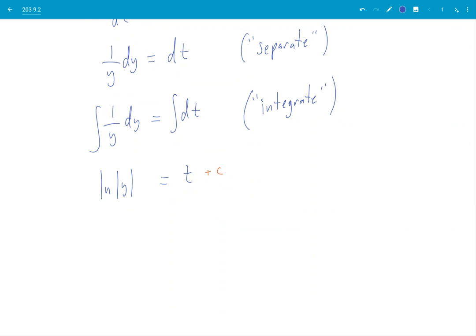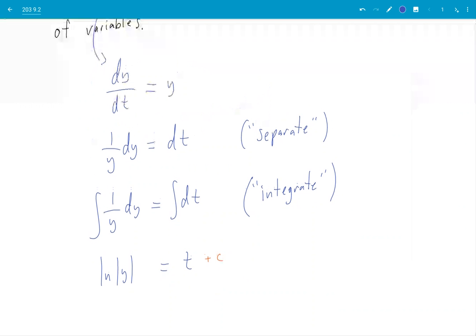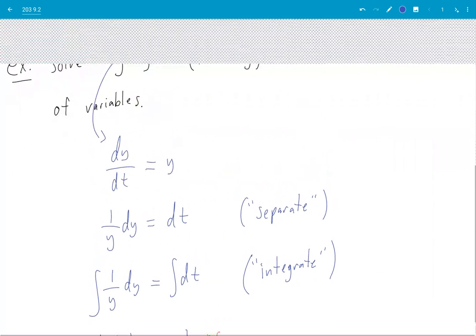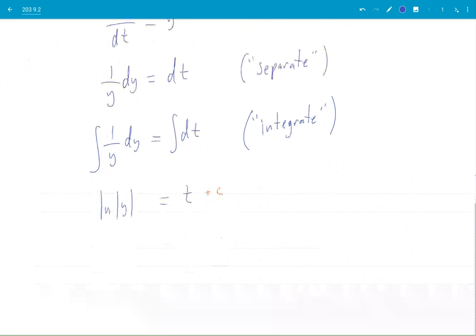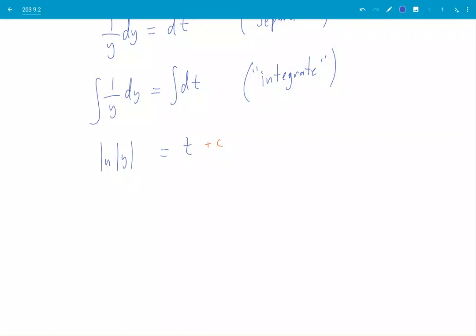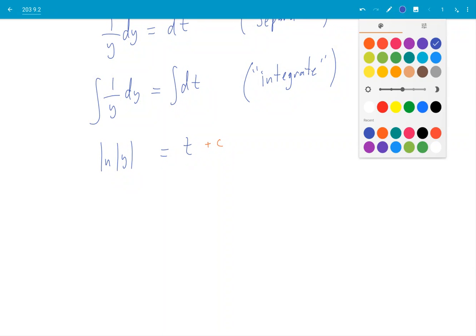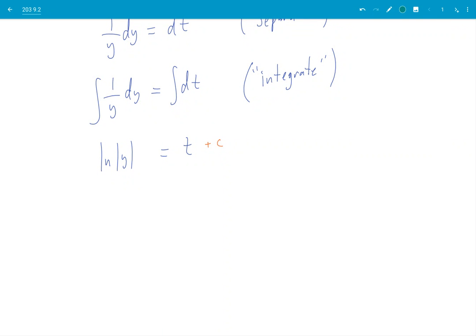Now, what do I want? What am I trying to do? Let's scroll back up. I want to find y. Okay, so I'm going to try to solve for y here. So what you do is you want this ln to go away, so I have to use its inverse function.